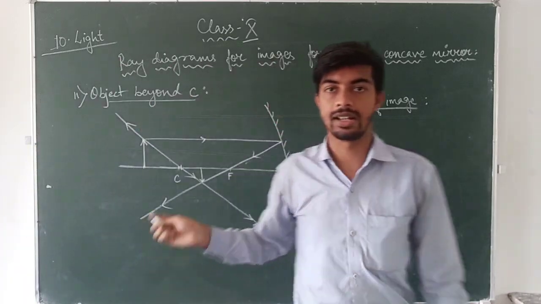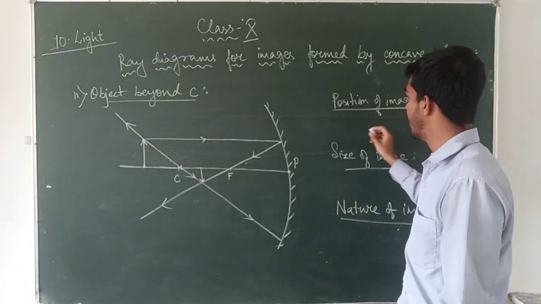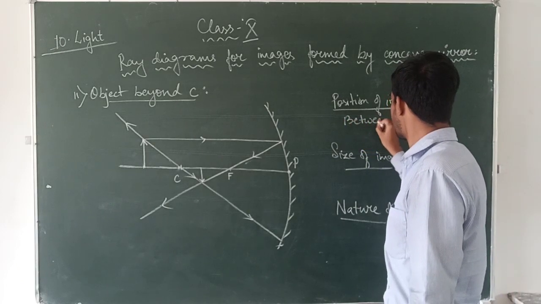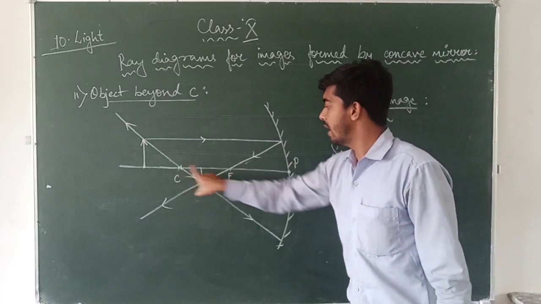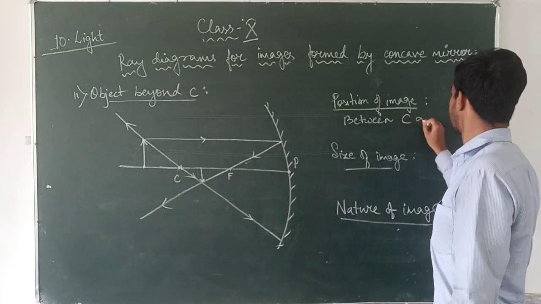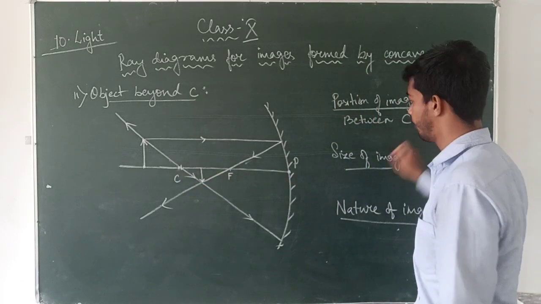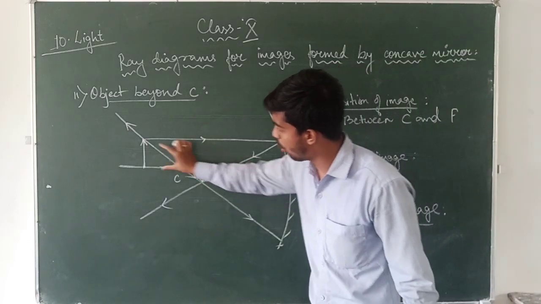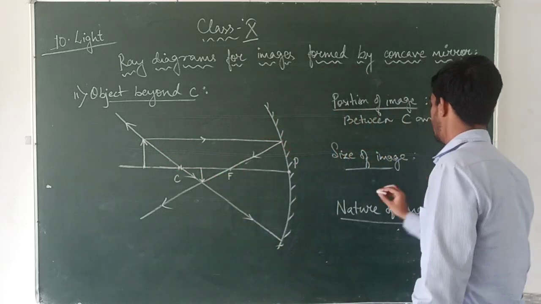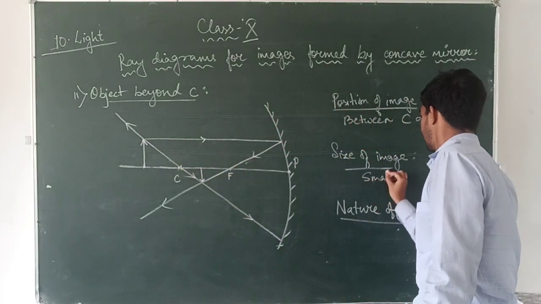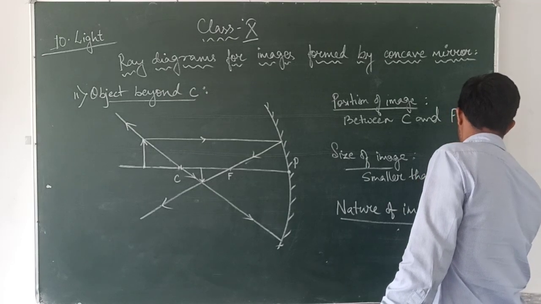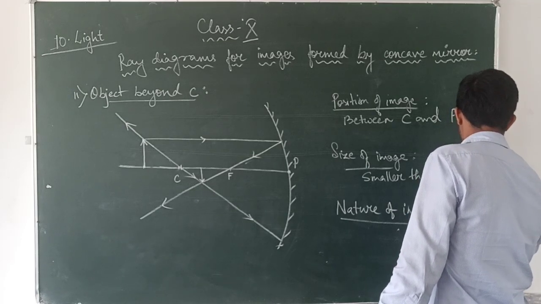Now let us see the characteristics. Position of image: between C and F. Size of image: if you see, the image is smaller than the object, so it will be smaller than the object.